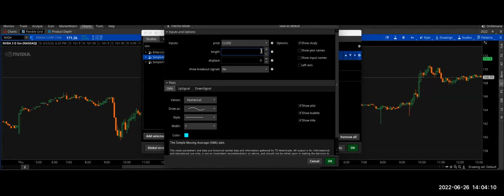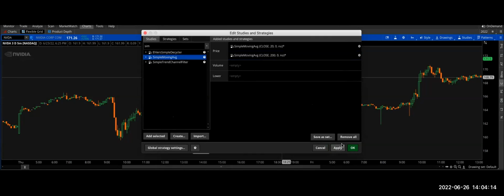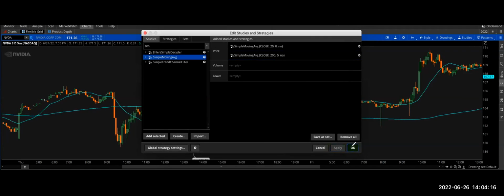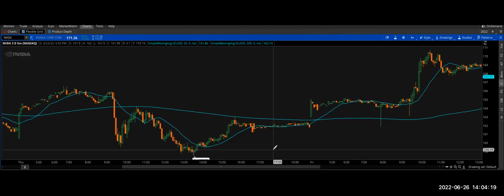So I use the 20 and I use the 200 as part of the box. So what I'll do is the last hour, I will look at where's the high, where's the low, where's the close. Now, the 200 could be the high or the 200 could be the low.